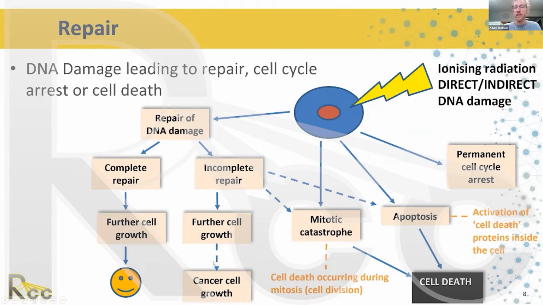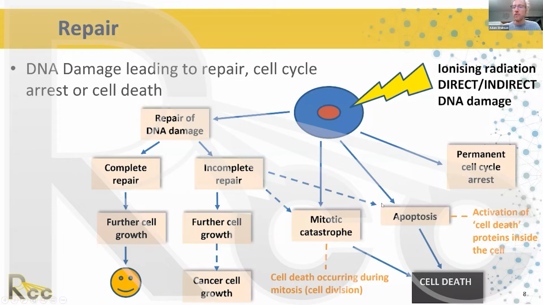Where you've got mutated cells that continue to grow and divide. Or with that incomplete repair, it can go to mitotic catastrophe. So when the cell tries to divide, but the DNA is partially broken, the cell dies during cell division. That's mitotic catastrophe. This is one major mechanism of radiation killing cells, both cancer cells and organ at risk cells.